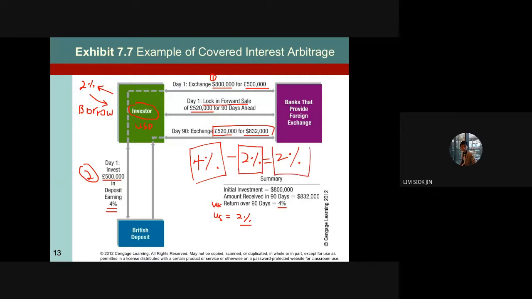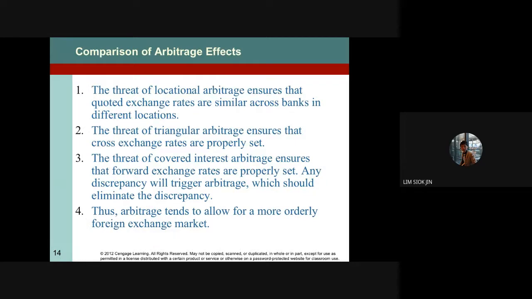You simply make 2% of arbitrage in 90 days without using your own money. Zero capital, zero risk, 2% return. And that is why it is known as an arbitrage, because you don't need any risk, you don't need any capital, and you make money. So this is like a zero capital business. And again, after this being said, it will not last long. When people realize this, people will keep doing this.